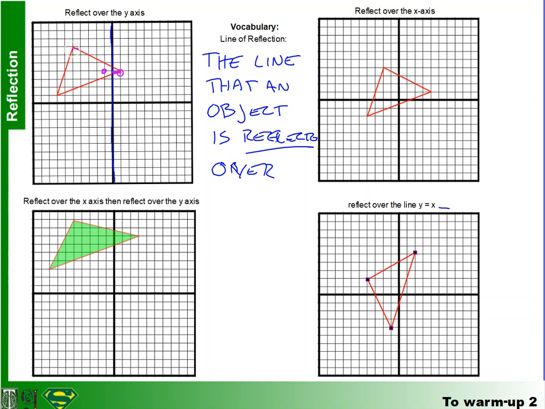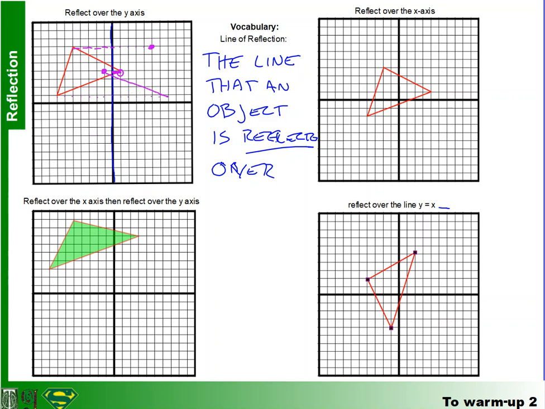This point here is 1, 2, 3, 4, 5 away from the line of reflection. So on the other side it has to be 1, 2, 3, 4, 5. This point here is 1, 2, 3, 4, 5, 6, 7. So the new point is going to be 1, 2, 3, 4, 5, 6, 7.